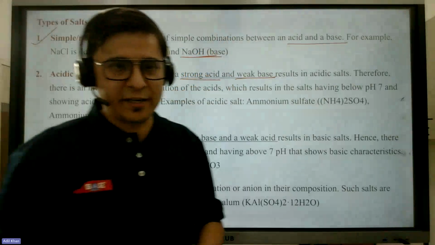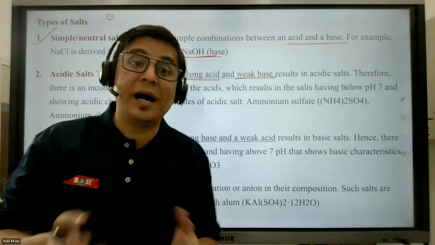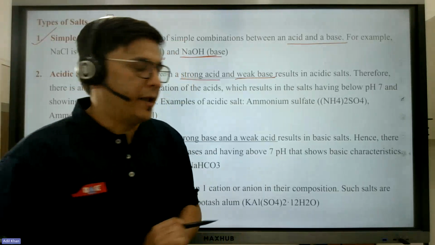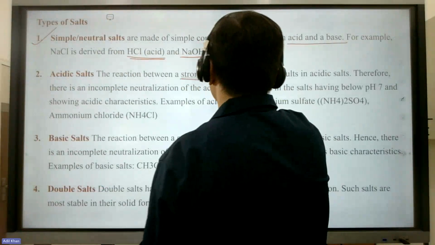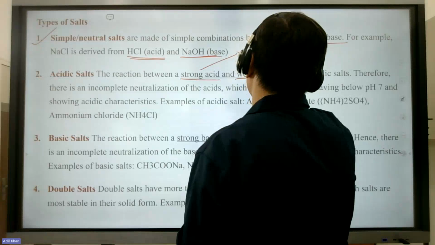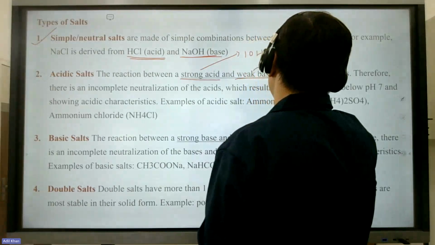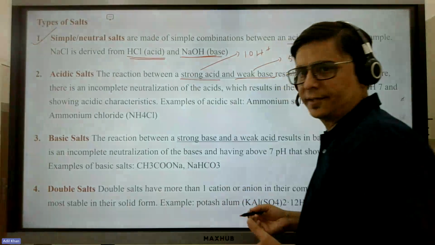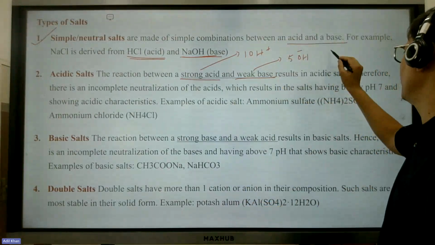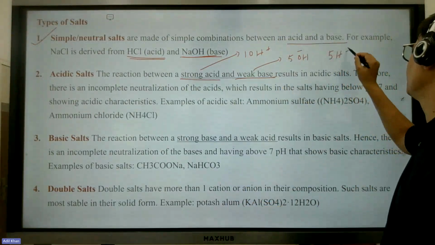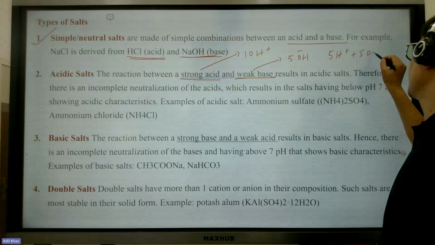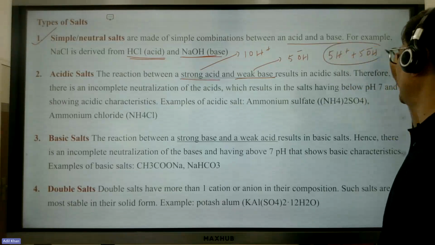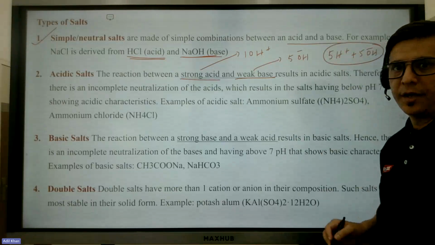Weak bases are those which undergo partial dissociation. It means, suppose the acid is giving out 10 H plus ions and the weak base is giving out only 5 OH minus ions. Why 5? Because it is weak. Then your reaction will be between 5 H plus ions and 5 OH minus ions only. They will react and neutralize to form water.